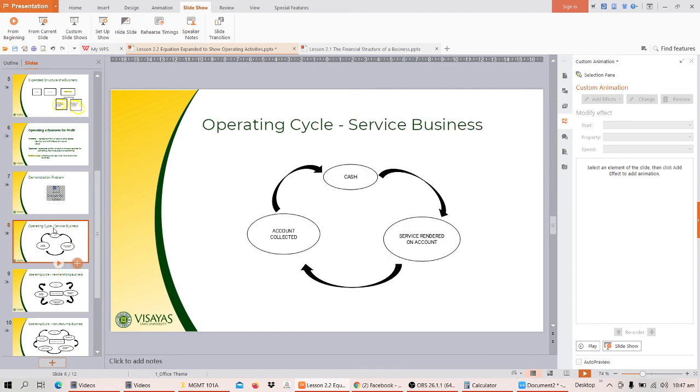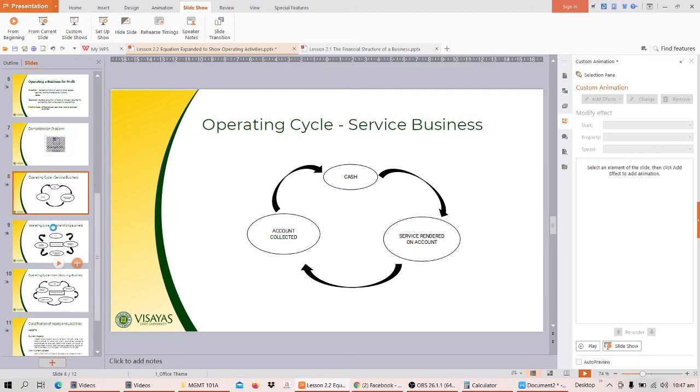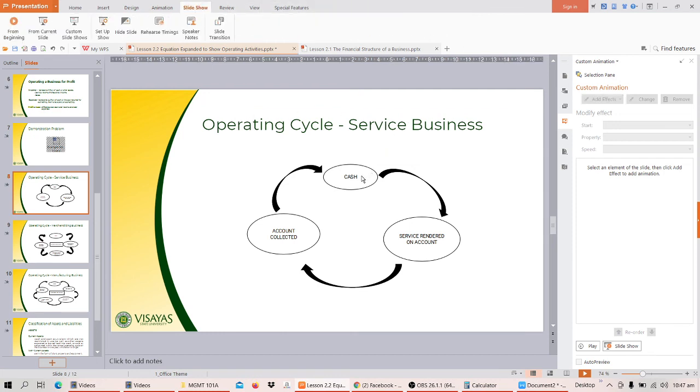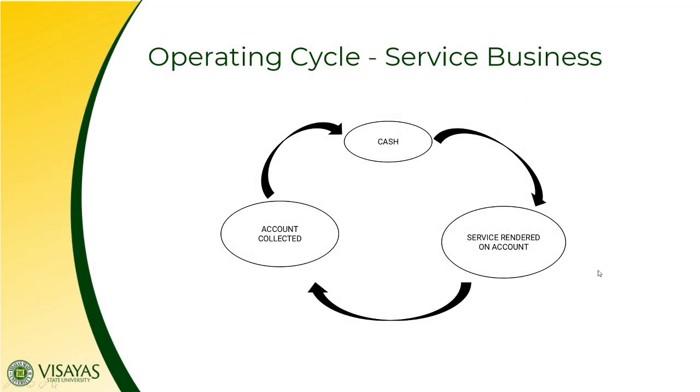Okay? So hopefully you understand our expanded form in operating a business. So operating cycle. This is the operating cycle of a service business. From cash, going to a service rendered on account, then back as the account collected, then it will go back to form cash.